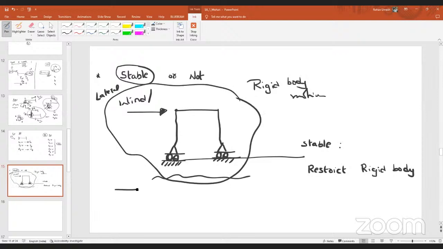Let us say here my reference plane is X and Y. Here my rigid body motion is happening along the X direction, isn't it? Then how can I stop the rigid body motion? This is what we say physically.